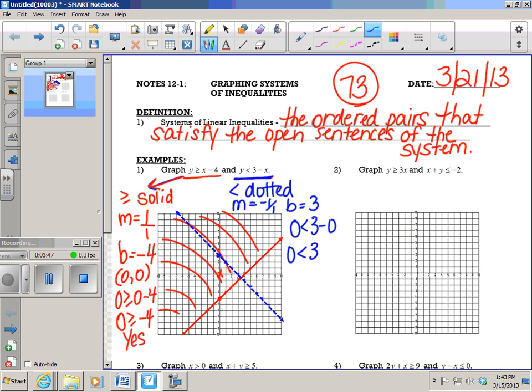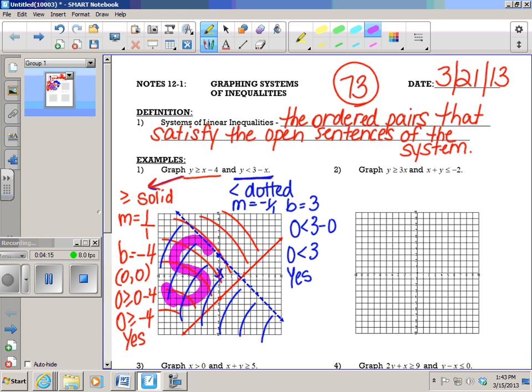Is 0 less than 3? Yes, it is. And so I'm going to shade where the 0, 0 is on that side from my blue line. And those two spots where they intersect, I'm going to call that solution set X. Those are all ordered pairs that satisfy the inequality.